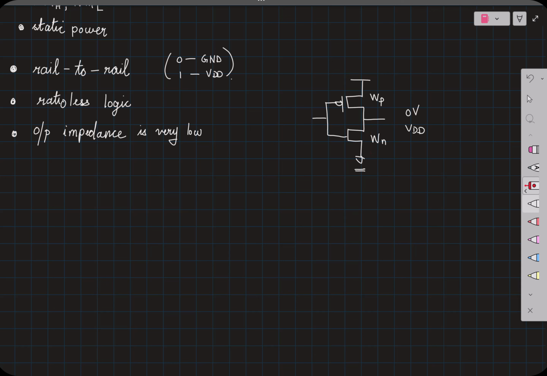So the key idea why this is very beneficial is due to this fact. Let's say due to some noise in your circuit, some noise got coupled to the output, right? This will not have a long lasting effect because you have a low resistance path to either VDD or ground. So the effect of this noise is getting suppressed by a lot, right?